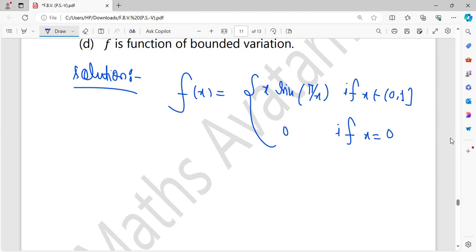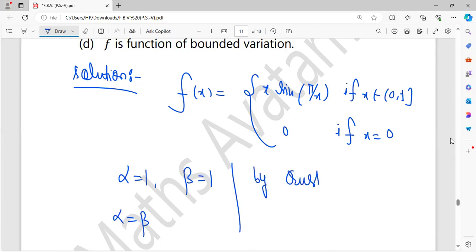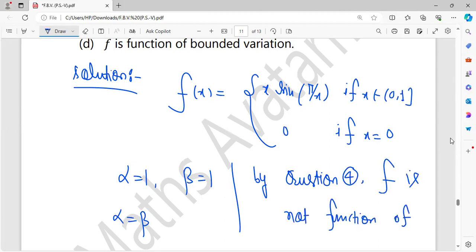Now what is alpha here? Alpha is 1, beta is 1. Alpha is equal to beta. By question 4, f is not a function of bounded variation. So which option is correct? Option C is correct.